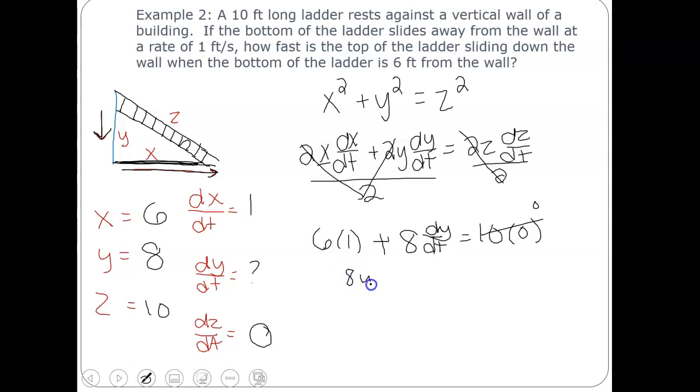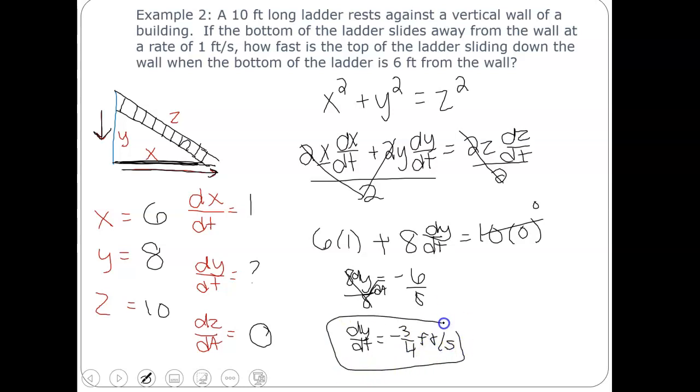So I get 8 dy/dt equals negative 6. Divide both sides by 8, and I get dy/dt equals negative 6/8, or negative 3/4 feet per second.